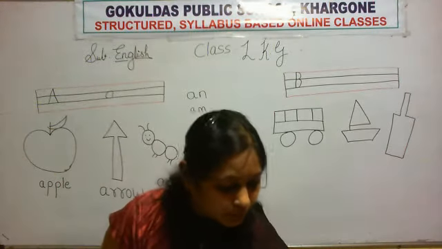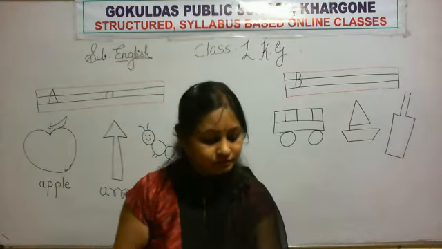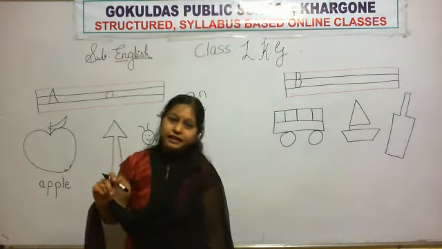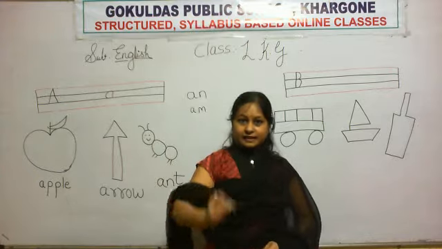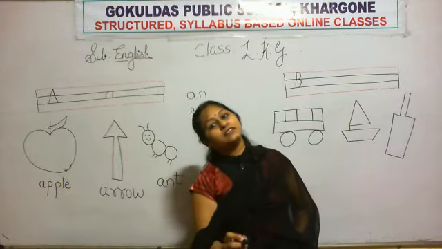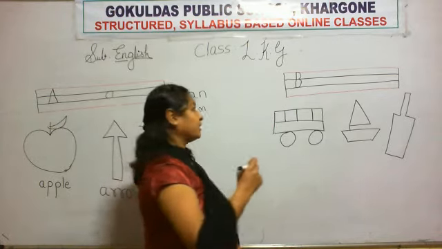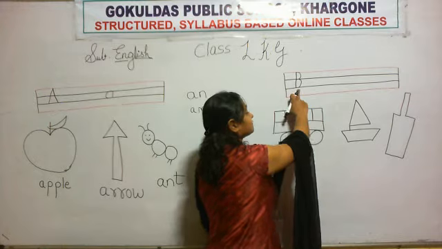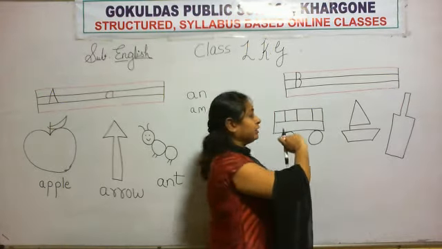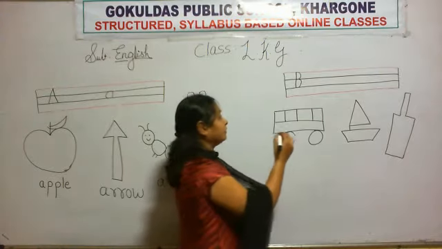Okay. Look here. How we write B? Standing line, half curve, B. Then look here. This is capital B. Now small b. How we will write small b?